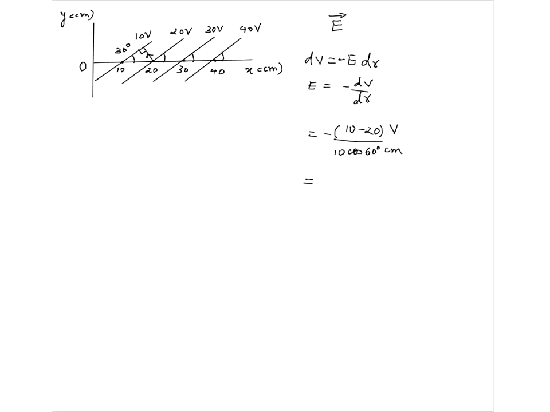Cos 60 is half. So the answer is 200 volt per meter at 120-degree angle.